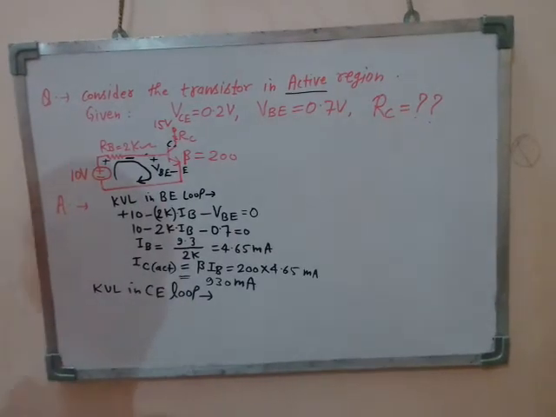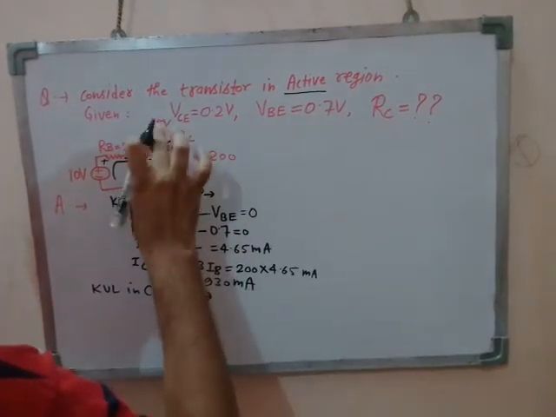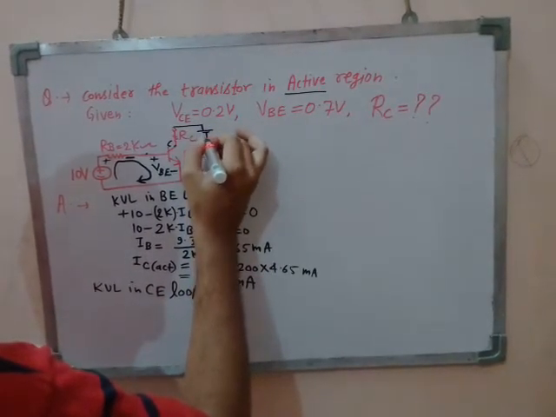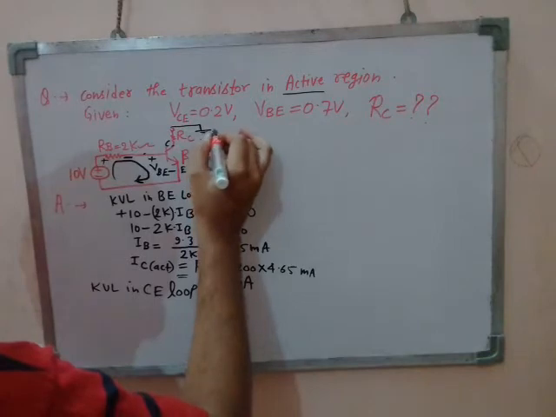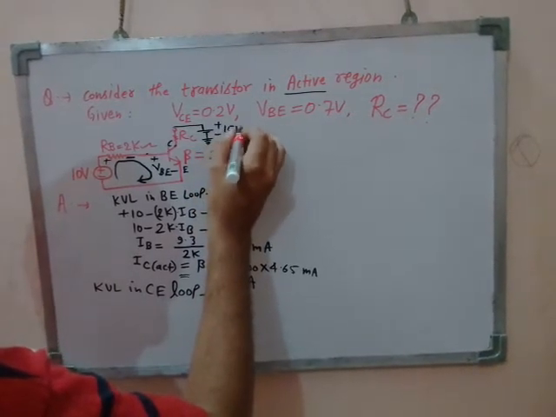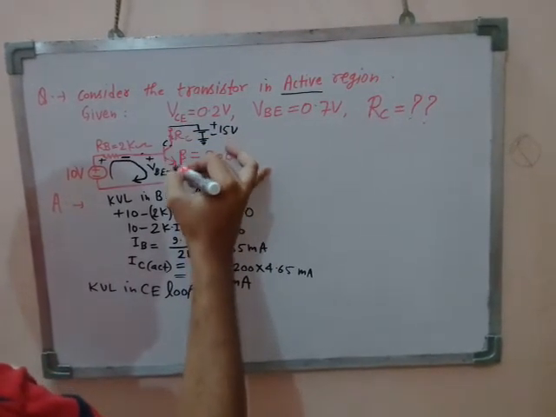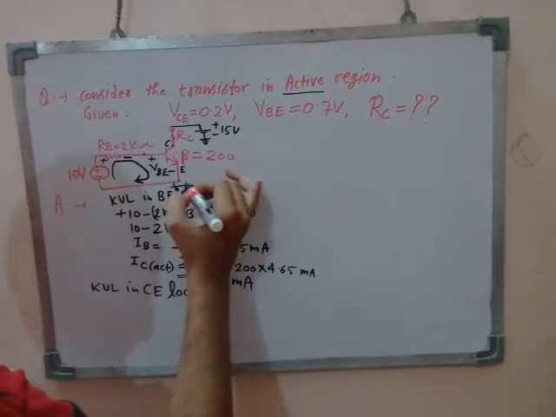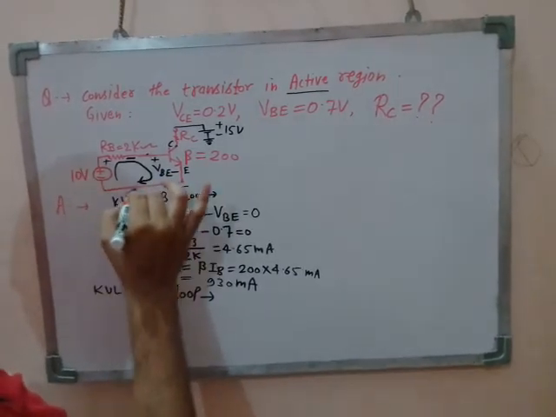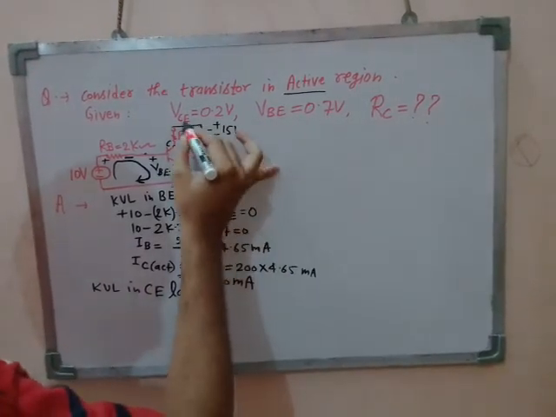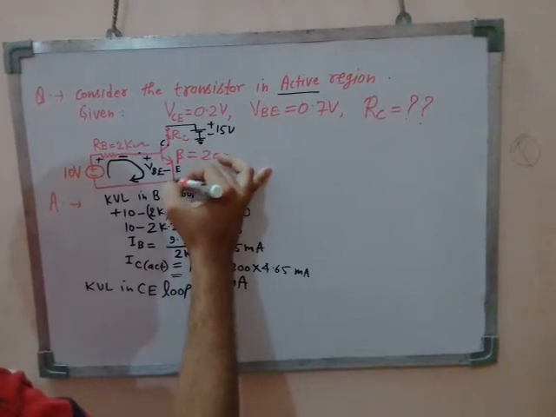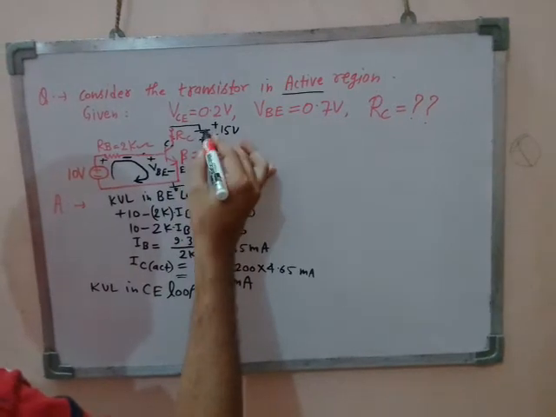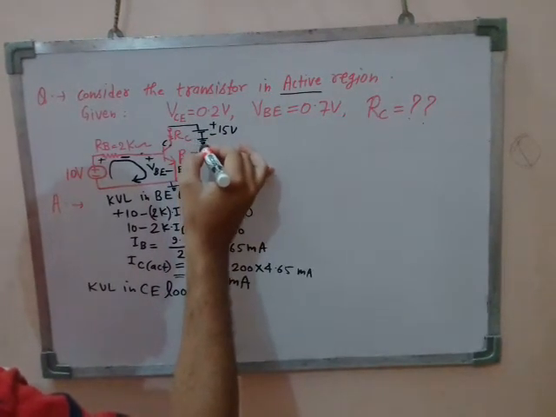See here how to apply it. This 15 volt battery is connected like this, with plus and minus terminals, and the lower negative terminal is grounded. So start from this ground and complete the loop till this ground.